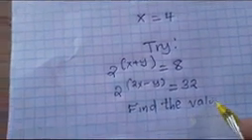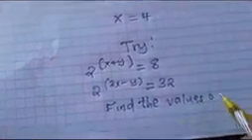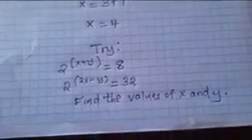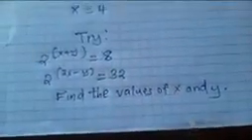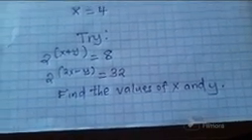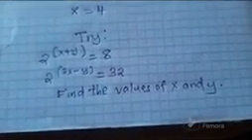Find the values of x and y. You try that question. When we meet in our next lesson, I'll give you the answer, and I'll also try to work it out so that you know where you went wrong and where you got it right.